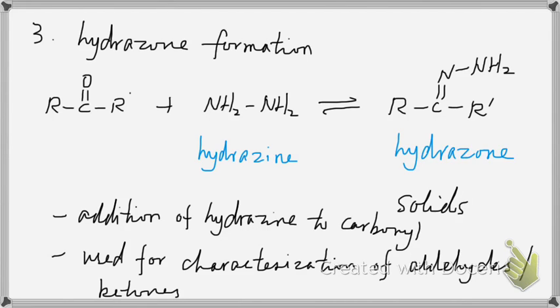So they were not easy to characterize years ago, before modern instruments were invented. About 100 years ago, people would make hydrazone from aldehydes and ketones, so they could take melting points to verify it is the product they want.